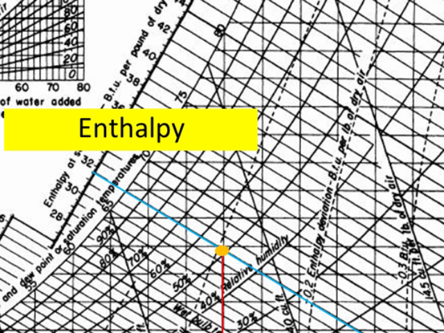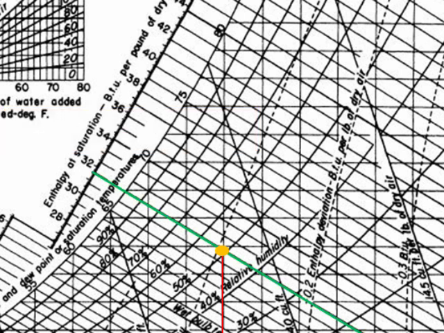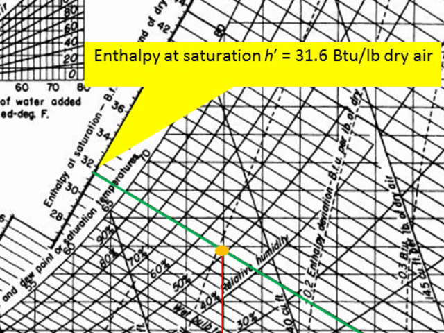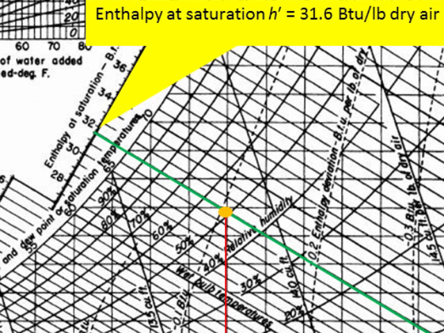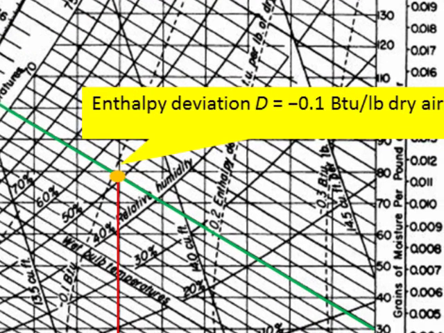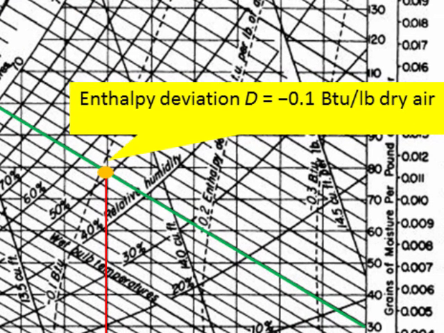We draw a line from the point parallel to the wet bulb temperature line and read the enthalpy of saturation as 31.6 BTU per pound of dry air. For the enthalpy deviation, we see the point is between the enthalpy deviation lines of minus 0.1 and minus 0.2, but very close to minus 0.1, so we can approximately say that the enthalpy deviation is minus 0.1 BTU per pound of dry air.